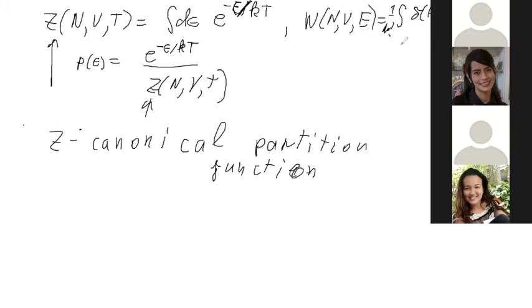You see, here we have an expression for the canonical partition function as an integral over epsilon, which is the energy of the system of interest, right? How to make it?